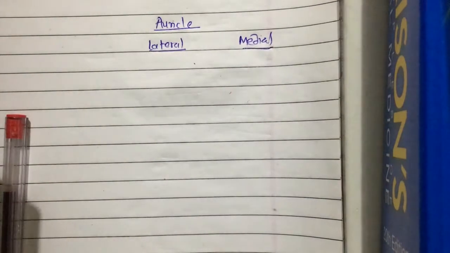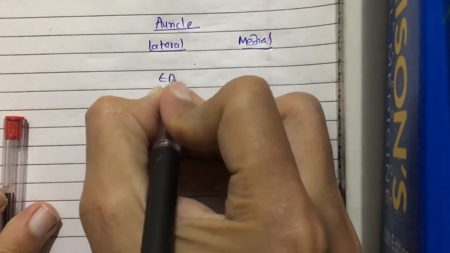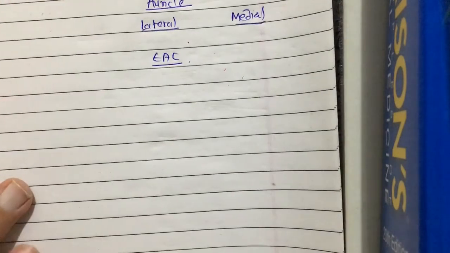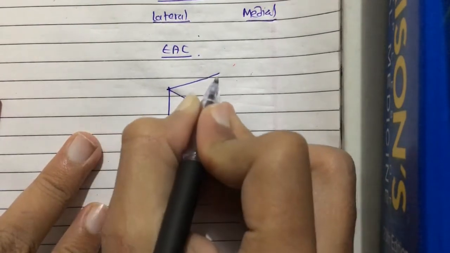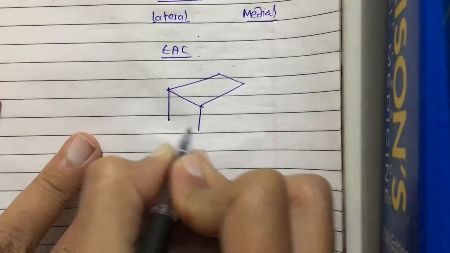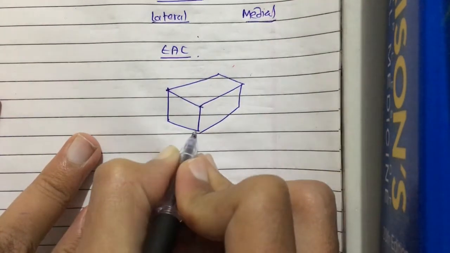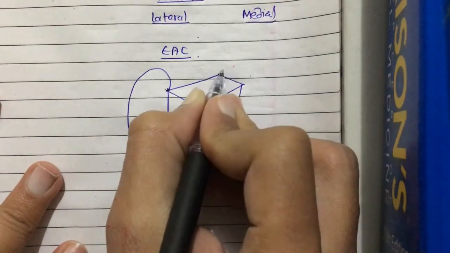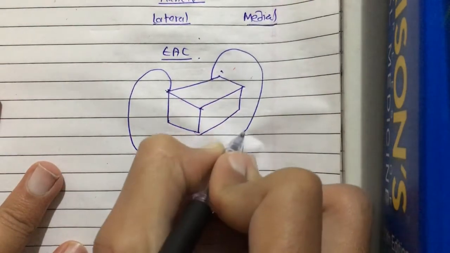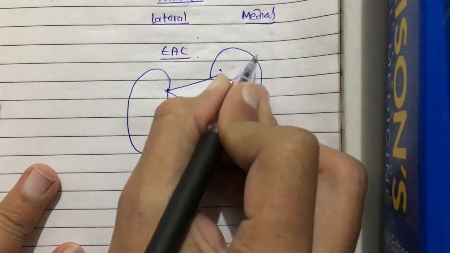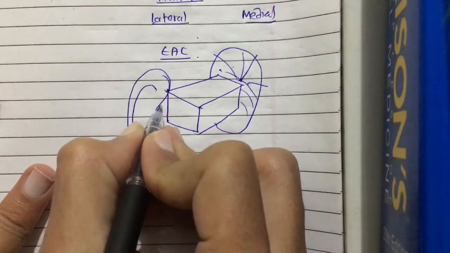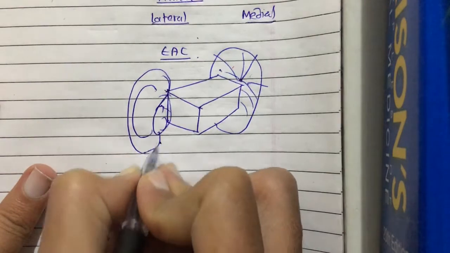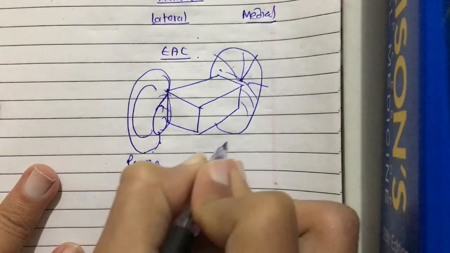Whereas the external auditory canal is supplied primarily by 3 nerves. Let us suppose this is an external auditory canal, a passage going from the pinna to the tympanic membrane.